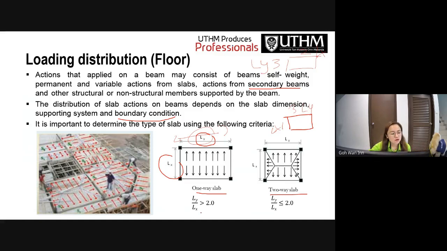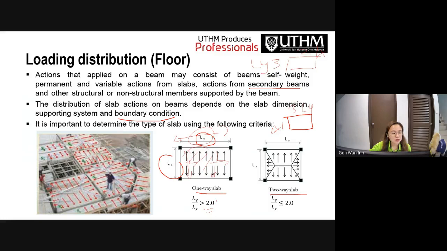So Ly over Lx greater than 2.0 means it only distributes to the Ly. The load from the slab, this area, will not distribute to the left and right, to the Lx, because it will distribute to the Ly. It becomes a one-way slab.